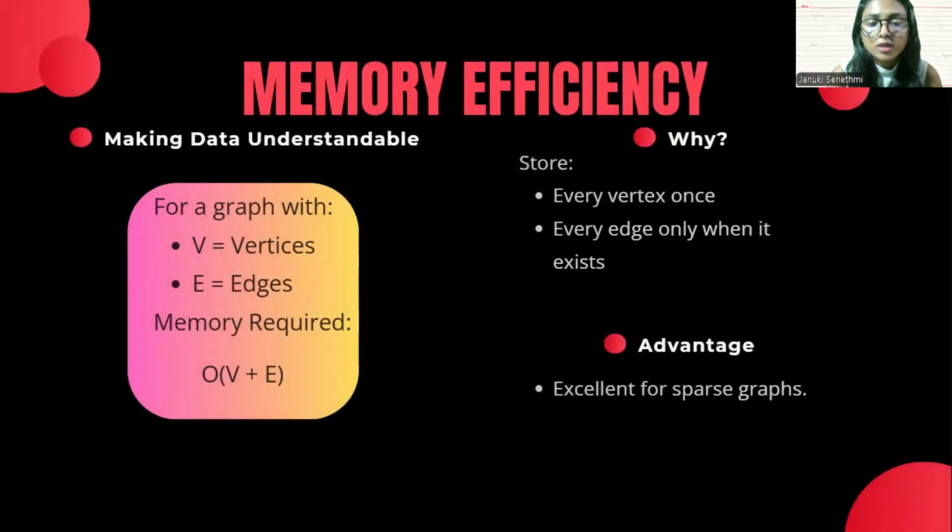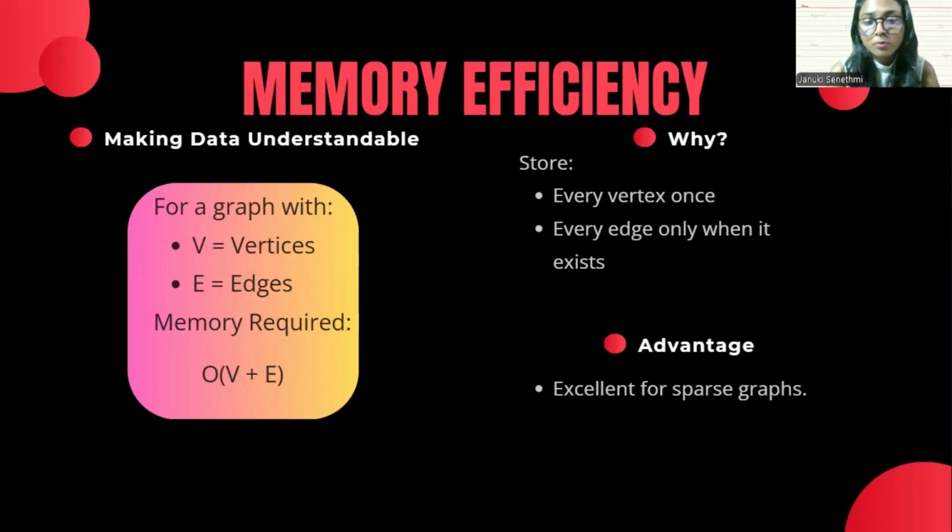One of the biggest advantages of adjacency list is memory efficiency. For a graph with V vertices and E edges, the memory requirement is O(V + E). This means we only store each vertex once and only store edges that actually exist.